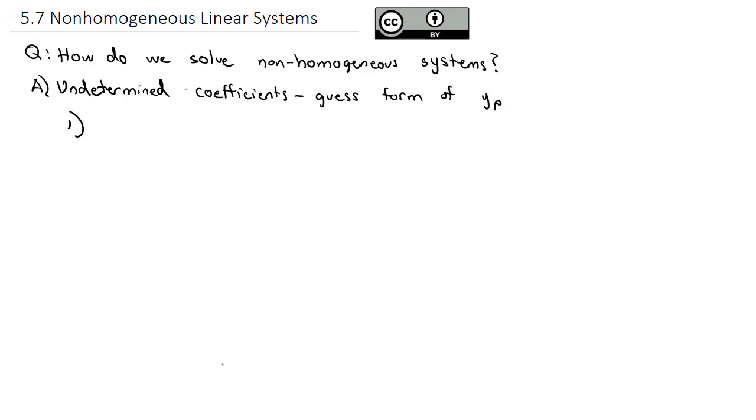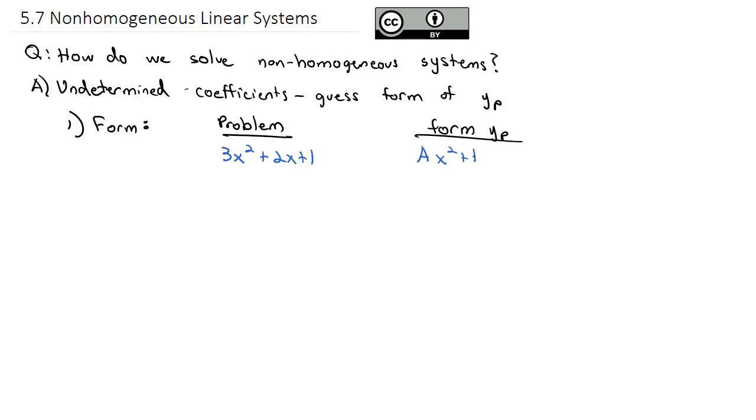And so if you remember with undetermined coefficients, we would look at the form of the problem. If the problem had something like 3x squared plus 2x plus 1, we would be able to guess the form of y particular by just putting coefficients in front of the key parts. You'll remember that for polynomials, we just use ax squared plus bx plus c.